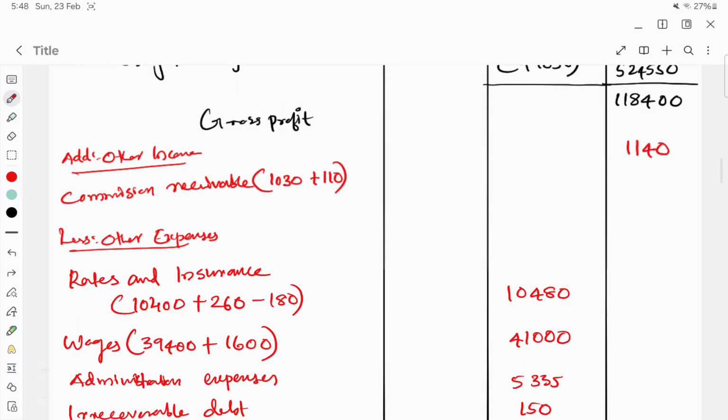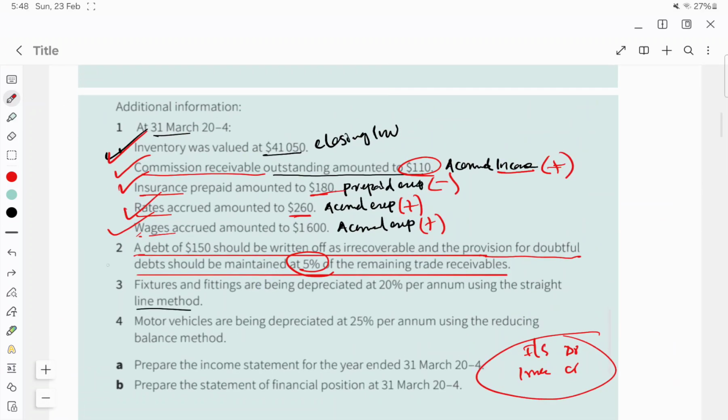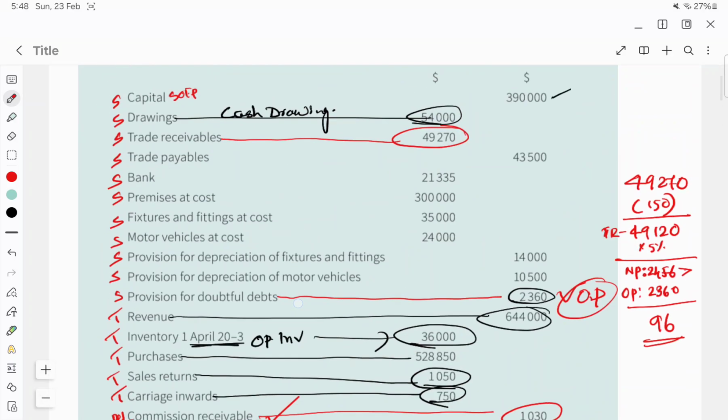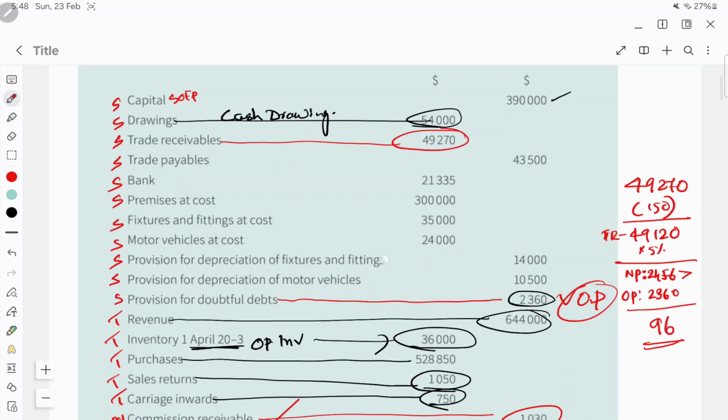So the next part is depreciation. Doubtful debt is done. Fixtures and fittings are to be depreciated using the straight line method. In the straight line method you don't need to consider the old provision of depreciation, even though you can see the provision for depreciation on fixtures and fittings.